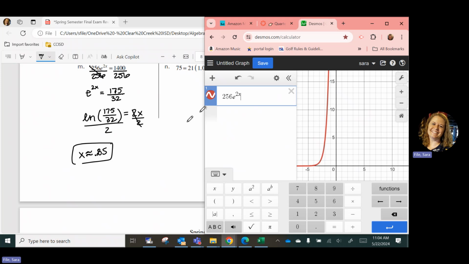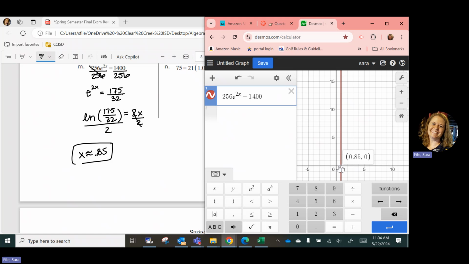If you're going to look for the x-intercept, the equation has to be set equal to 0. So that 1400 would need to move to the left by being subtracted. So minus 1400. Then I click and look at what it shows for the x-intercept. Same thing I got the other way, isn't it? Approximately 0.85. So you can do it that way.